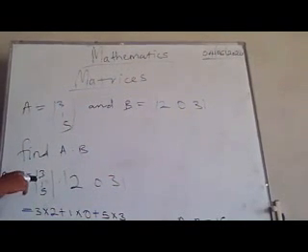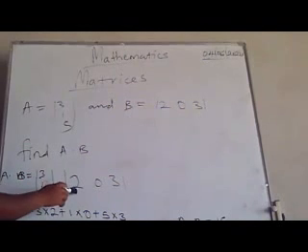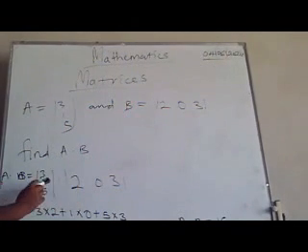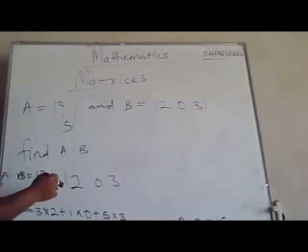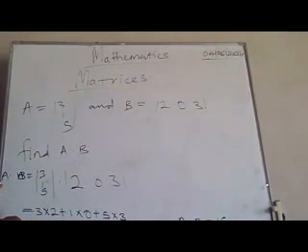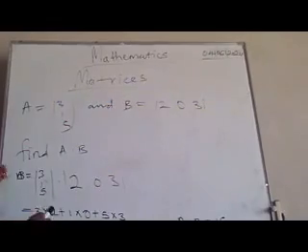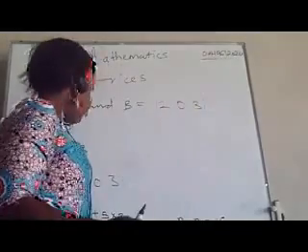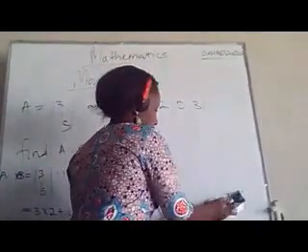So we simply multiply 3 times 2 plus 1 times 0 plus 5 times 3. That gave us 6 plus 0 plus 15. Our final answer is 21.